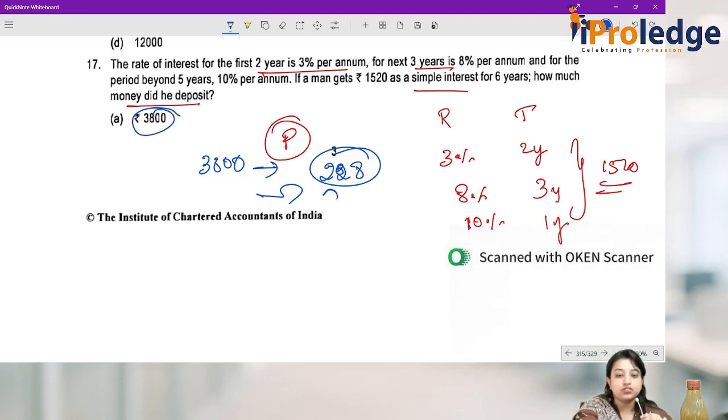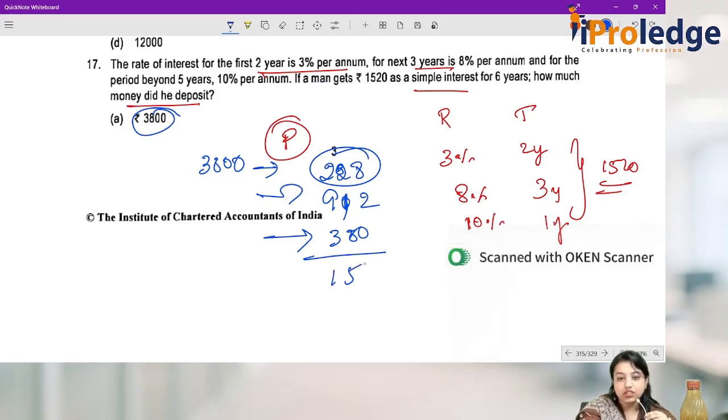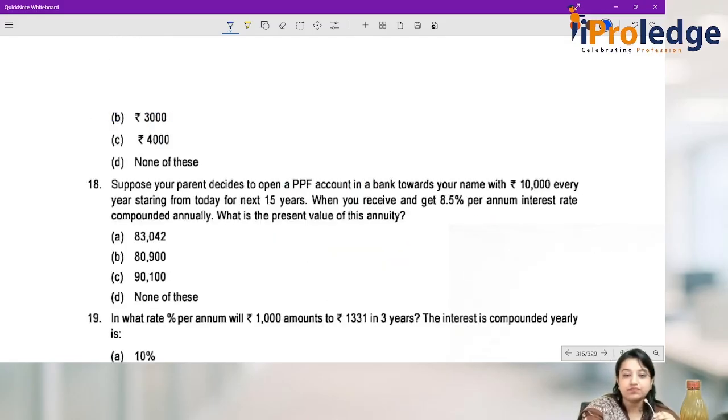Okay, next 3,800 for 1 year at 10%. Add them up, how much does it come to? 1,570. 1,500. So what should be the principal?